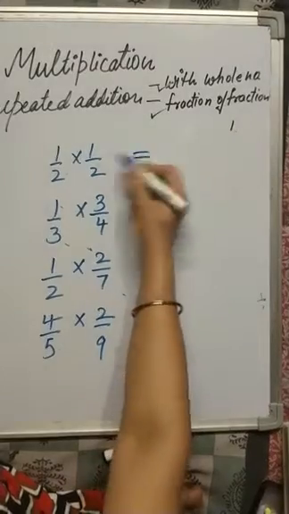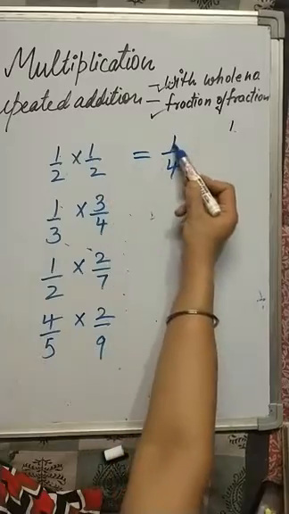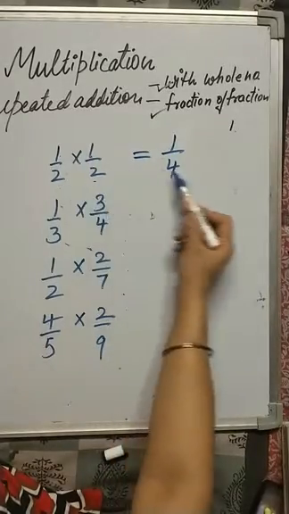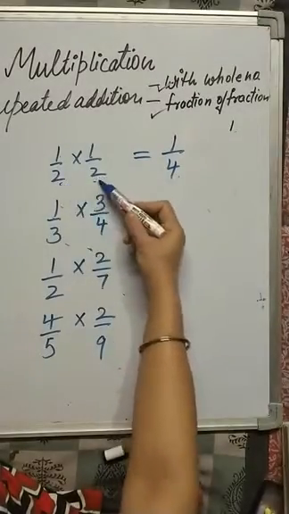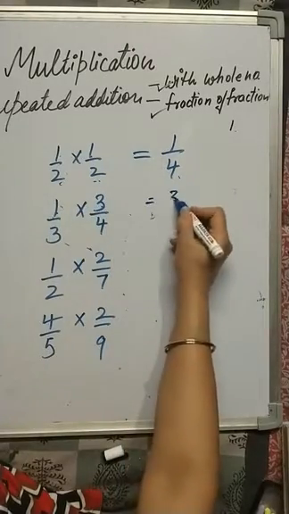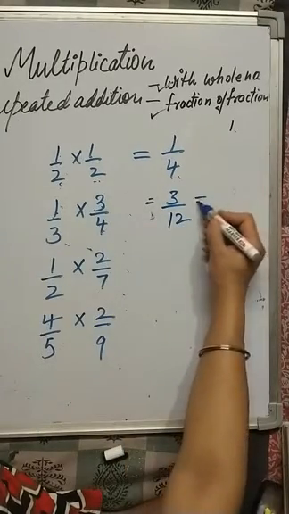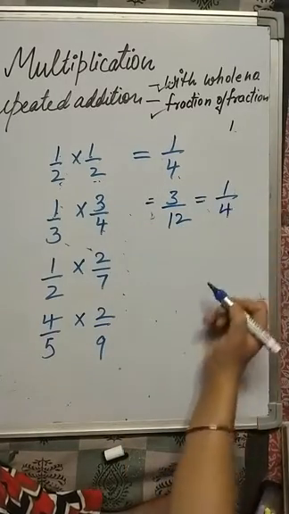Observe the pattern. Half of half is 1/4. If we multiply numerator to numerator, we get 1. 2 2s are 4, means denominator to denominator 4. 1 times 3 is 3, and 3 times 4 is 12, but in the lowest form it is 1/4.